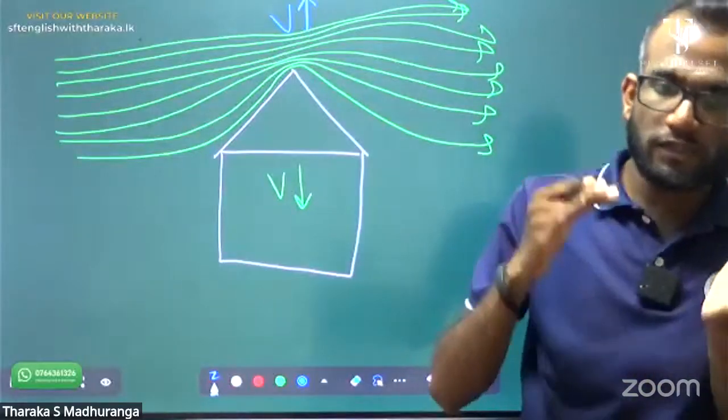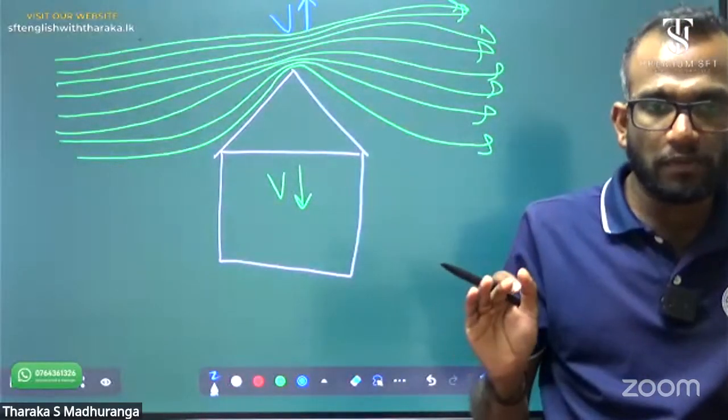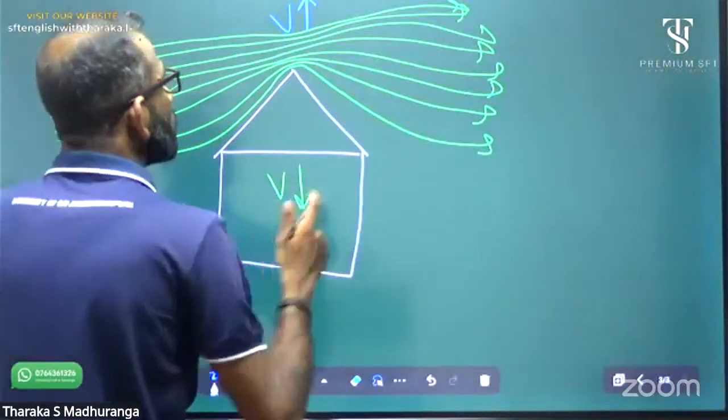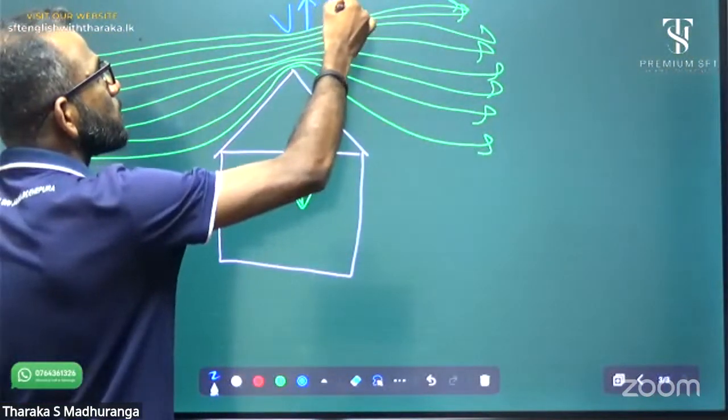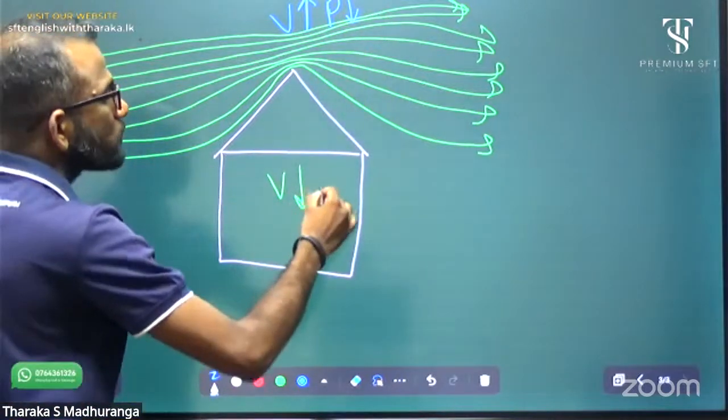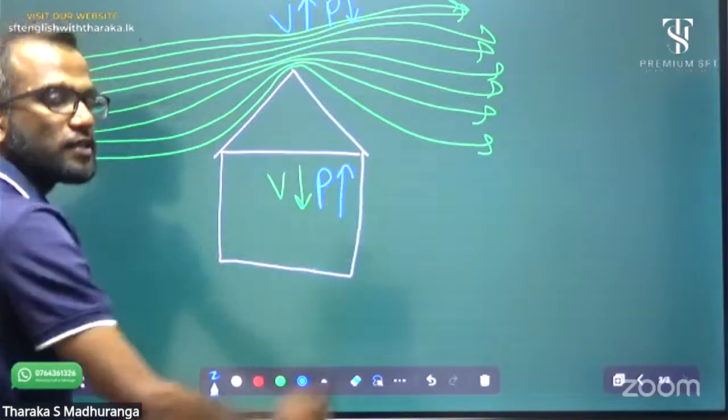Now the velocity increasing, the pressure will be very low outside, but inside the pressure is greater.